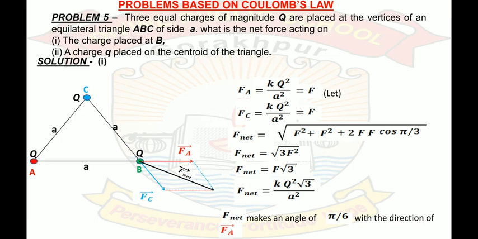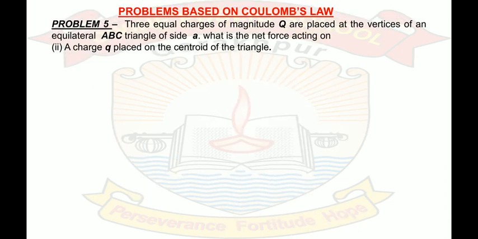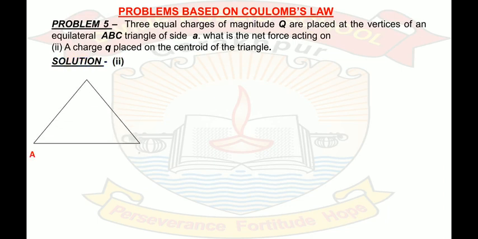Now in the second part it is being asked what is the net force acting on a charge small q placed at the centroid. Let us solve the second part. Again let us make the diagram. Let this be your triangle ABC, charges Q, Q, Q, sides a, a, a.